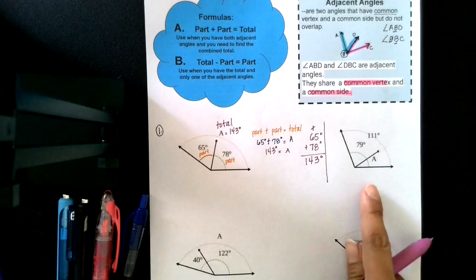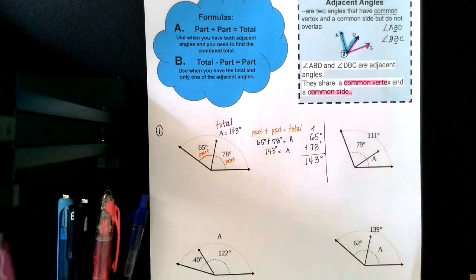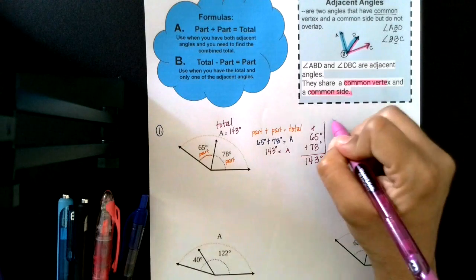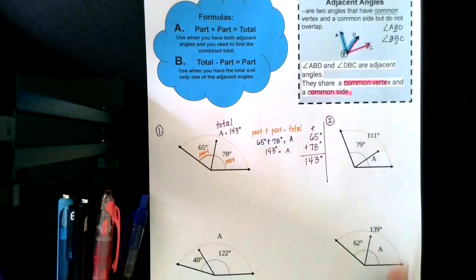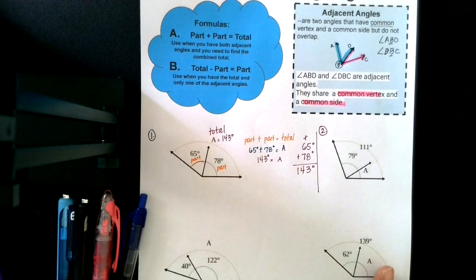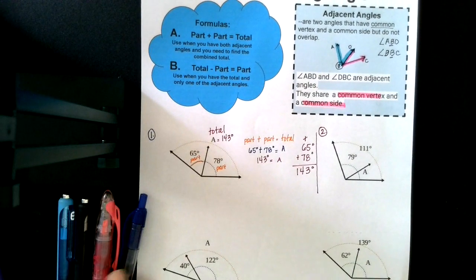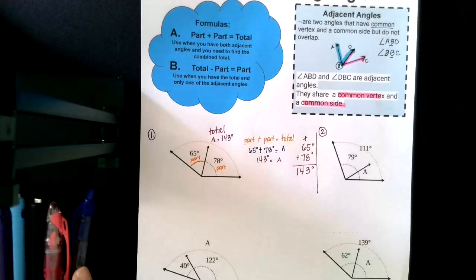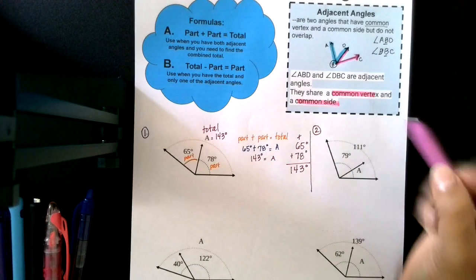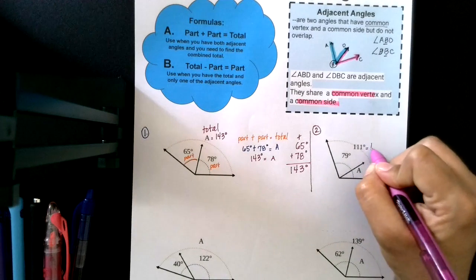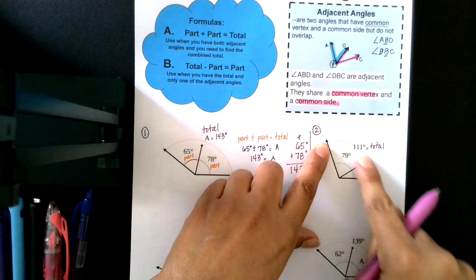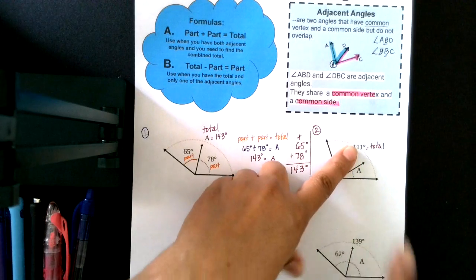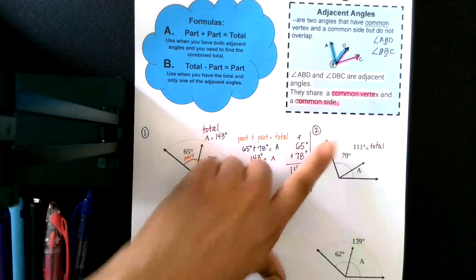Now let's look at this one over here. We'll call that one number 2. Again, let's see what we're working with. What do we have? That'll tell us what equation to use, and then how we figure out the missing part. Okay, so we have this right here. This is my total, because it is the combined measure of both this angle right here and this angle right here.